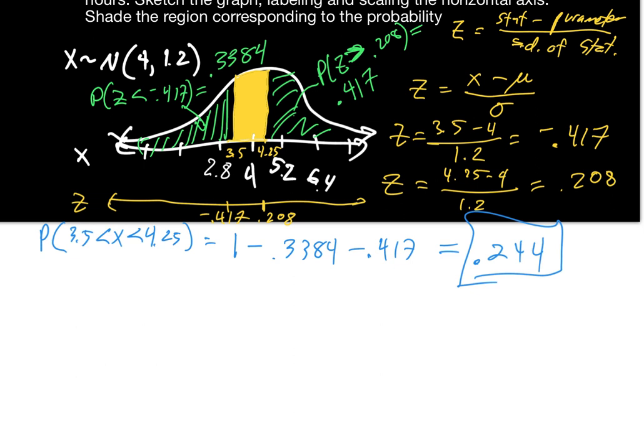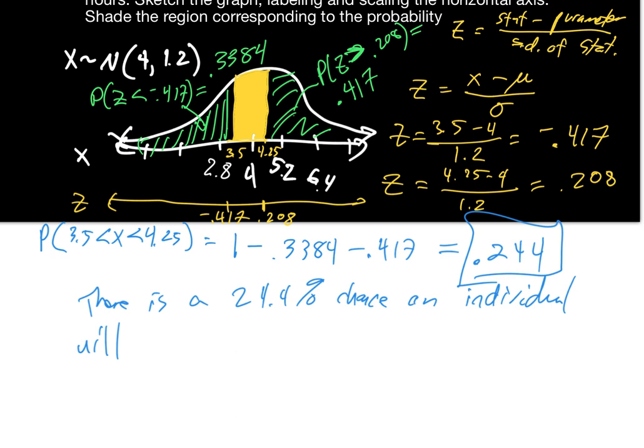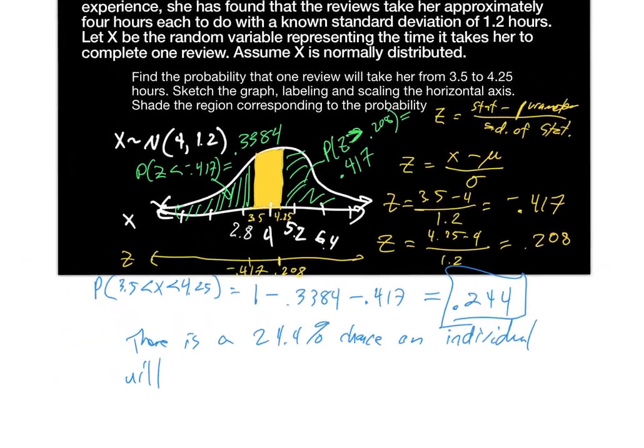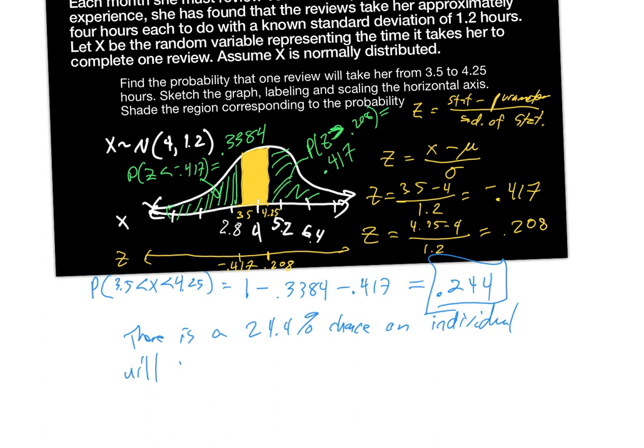And if you wanted to, you could say there's a 24.4% chance an individual will take between 3.5 and 4.25 hours.